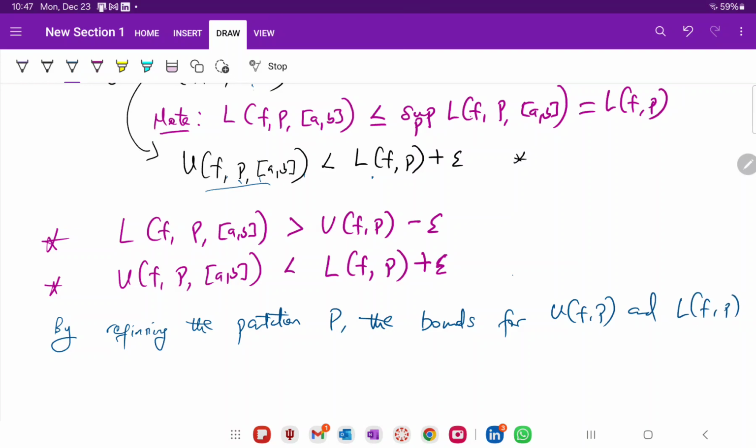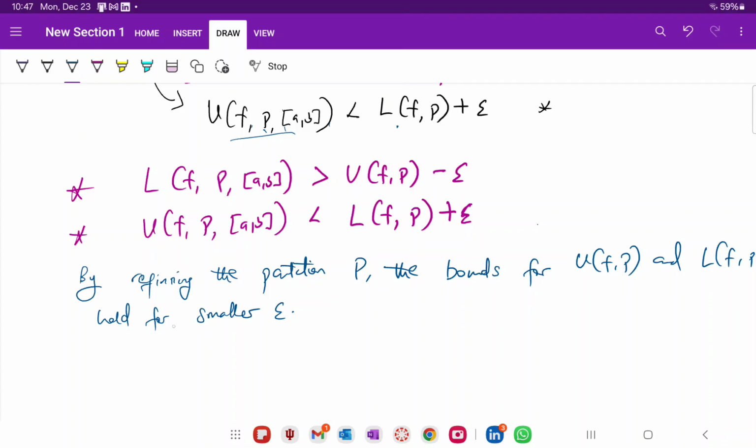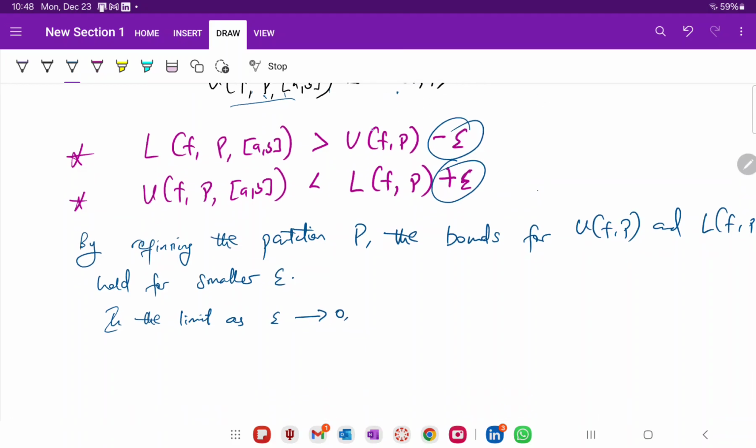Sorry, the upper Riemann integral and the lower Riemann integral hold for smaller epsilon. So as epsilon tends to 0, in the limit, we have these two to be equal.